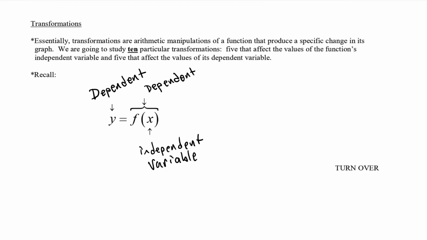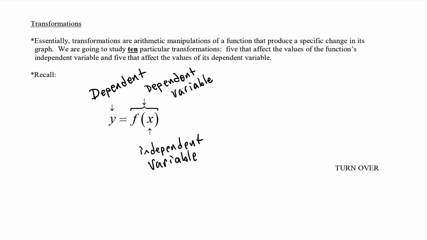Just a quick reminder that for us, we typically use y and x for our two variables. X would be the independent variable and y would be the dependent variable. Now, if we've determined that y is a function of x, then instead of using y, we can use f of x in its place, or g of x, or h of x, or whatever name you want to give it.